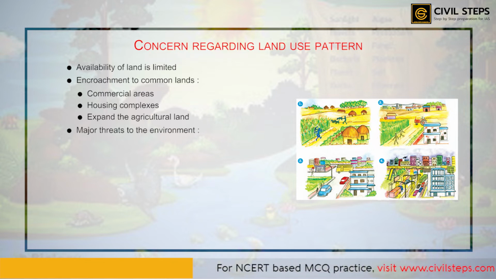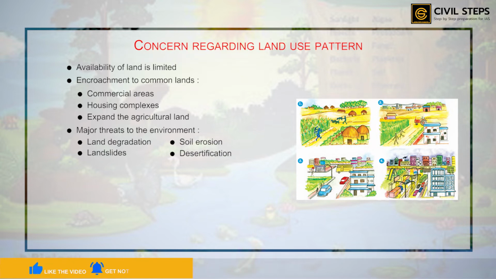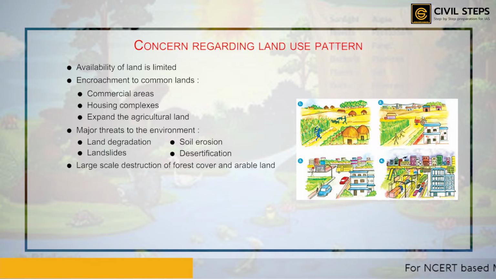Therefore, land degradation, landslides, soil erosion, desertification are major threats to the environment because of the expansion of agricultural and construction activities. Hence, the growing population and their ever-growing demand has led to a large-scale destruction of forest cover and the arable land, and this has created a fear of losing this natural resource.